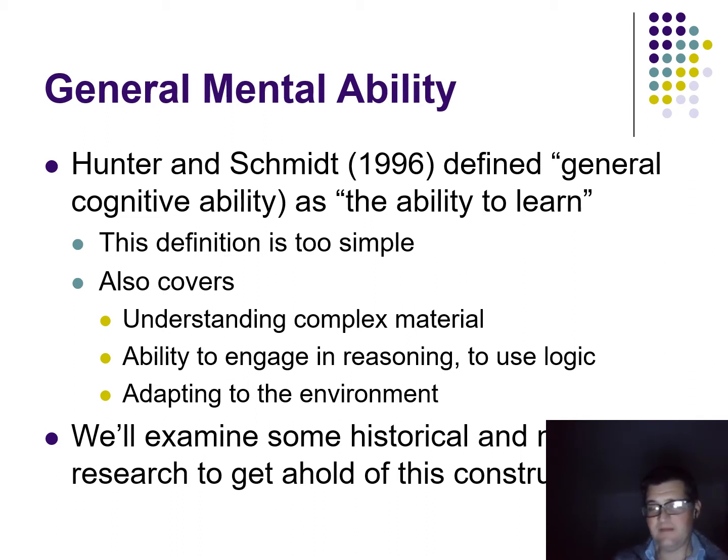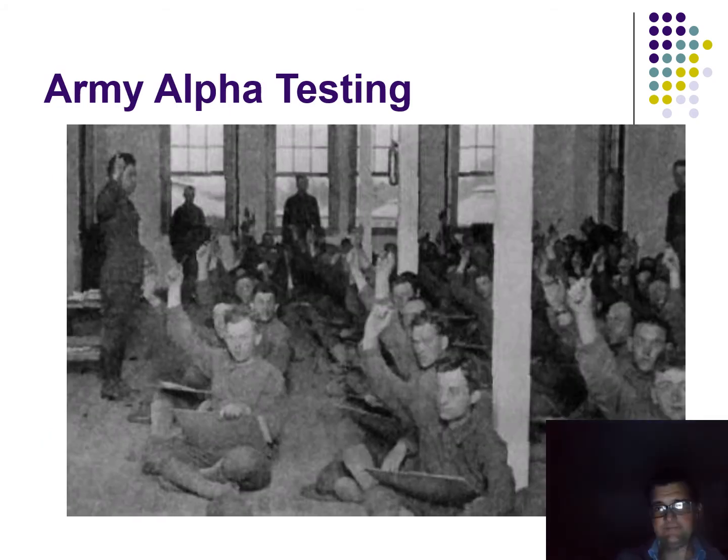So we'll talk a little bit about the history here, but just to try to get a hold of it, because a lot of times, only somewhat jokingly, people say that intelligence is what intelligence tests measure, but hopefully we'll clarify this somewhat.